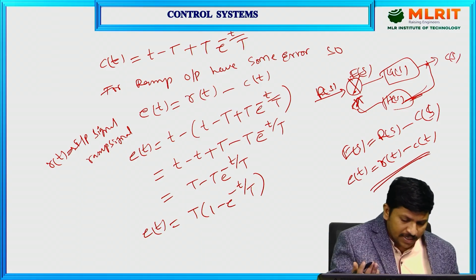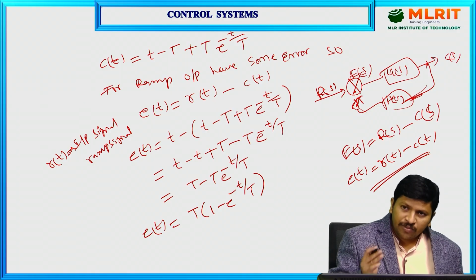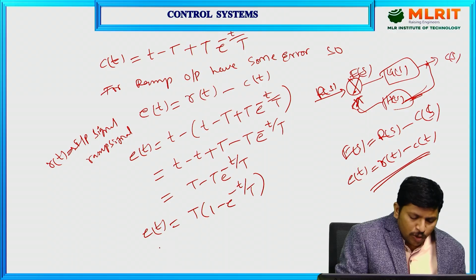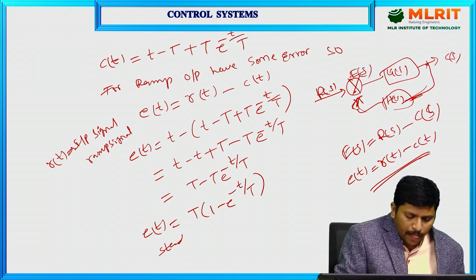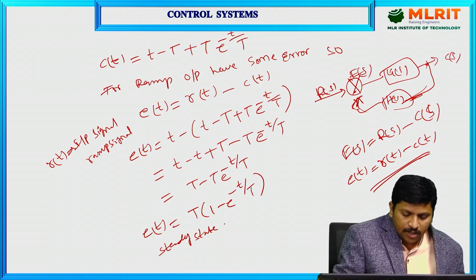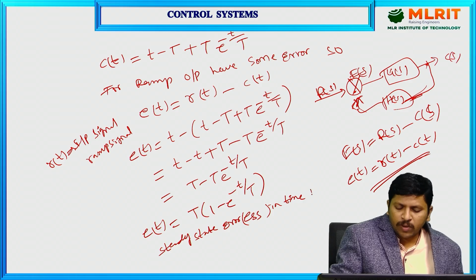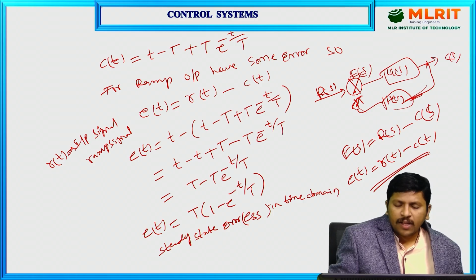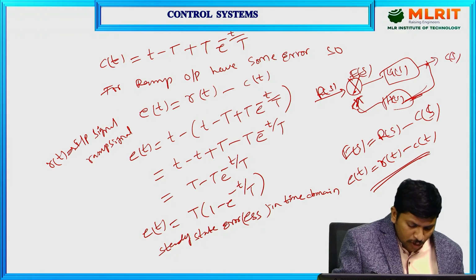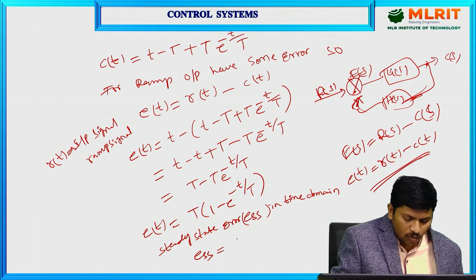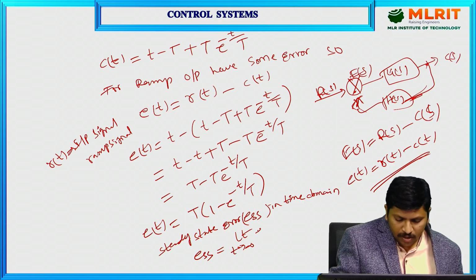Now, what is the value of the steady state error in the time domain? I am just going to consider the steady state error. E_ss is the steady state error, which equals the limit as t tends to infinity of E of t.